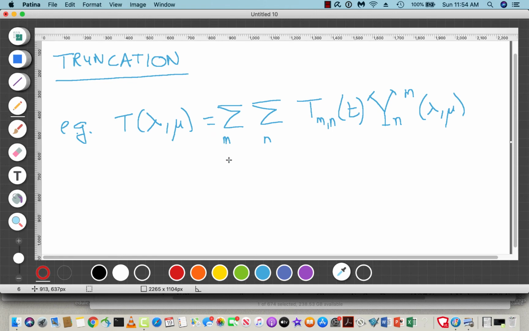And the truncation is to let m be less than or equal to, and again I'm using Warner here, Warner uses capital K. So that's like saying m equals negative capital K to positive capital K.